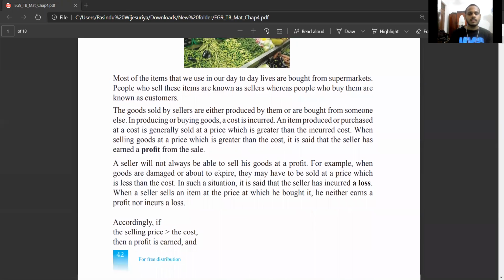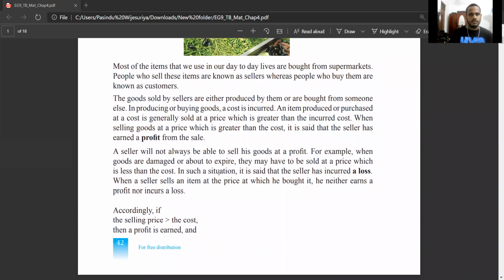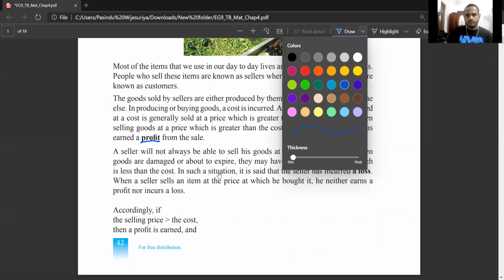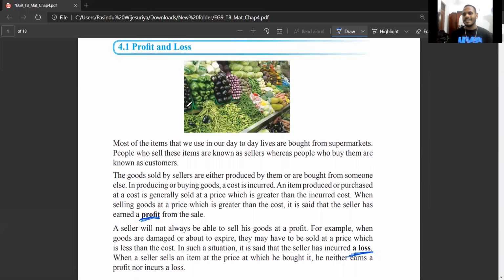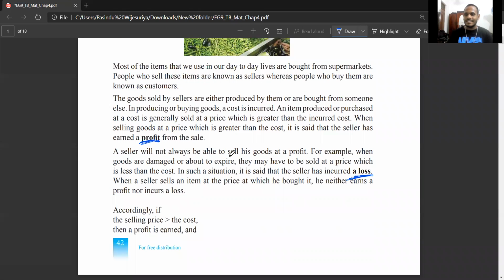That is basically what is considered as the profit. Let me just adjust that. So profit, and then what is the loss? If you read through the description, it will be explained in a similar way.